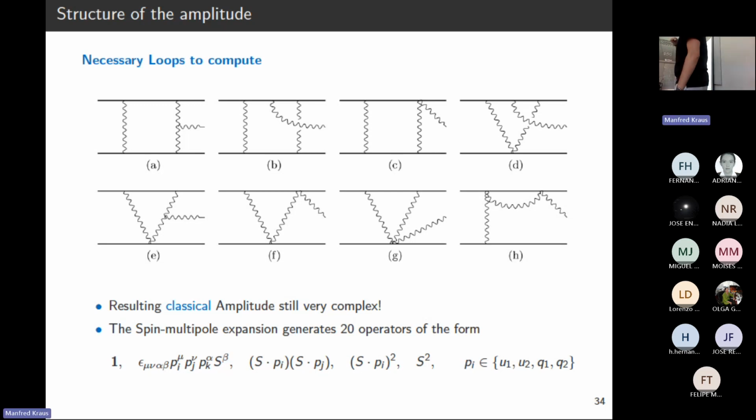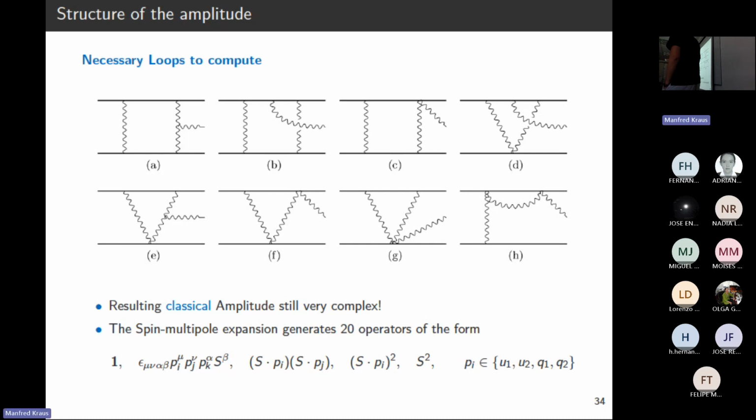Even though the expansion in h bar simplifies the scattering amplitudes a lot, the resulting expressions that come out are still very, very complicated. You really have to be smart to handle those, because very quickly you get something like a 200 megabyte result, and then what do you do with it? The spin decomposition of these things is also a bit more complicated.